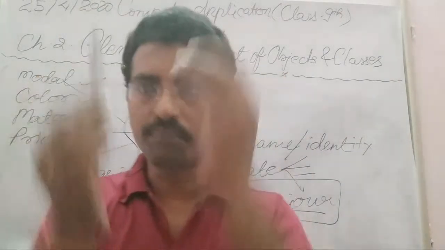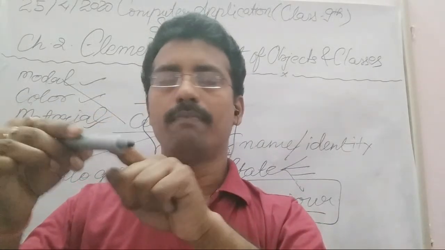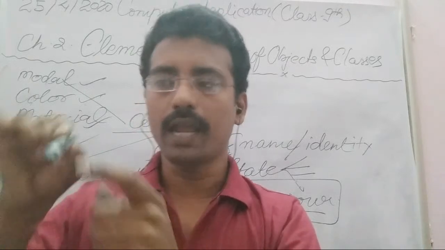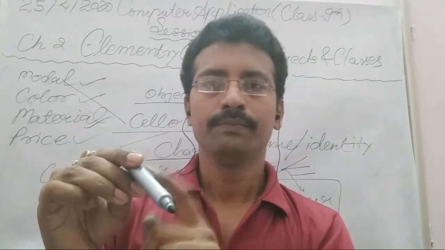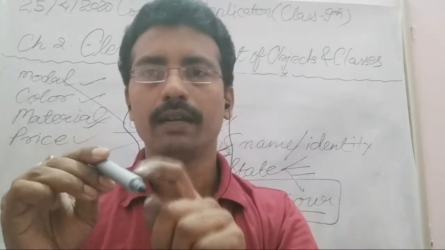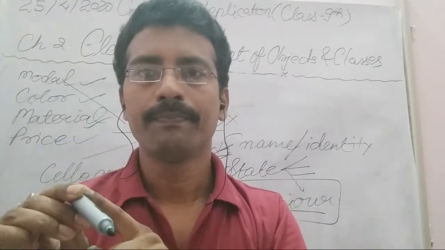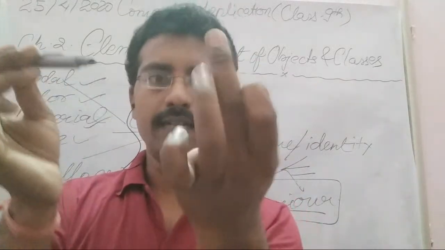I am using this particular marker. This name is Luxor Board Marker. Is it okay? This is the object name of the Luxor marker class. And what is its state? It is made of plastic. It has a cap.